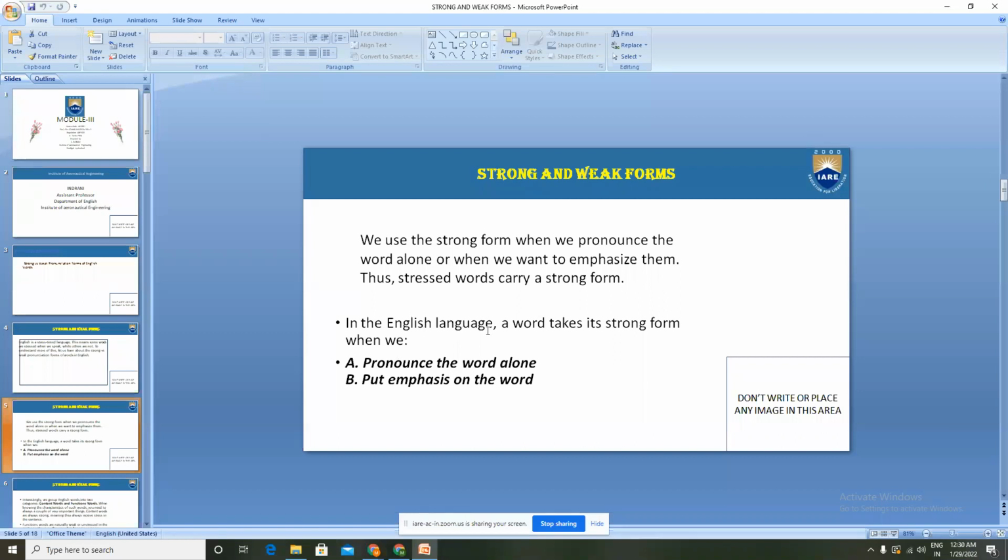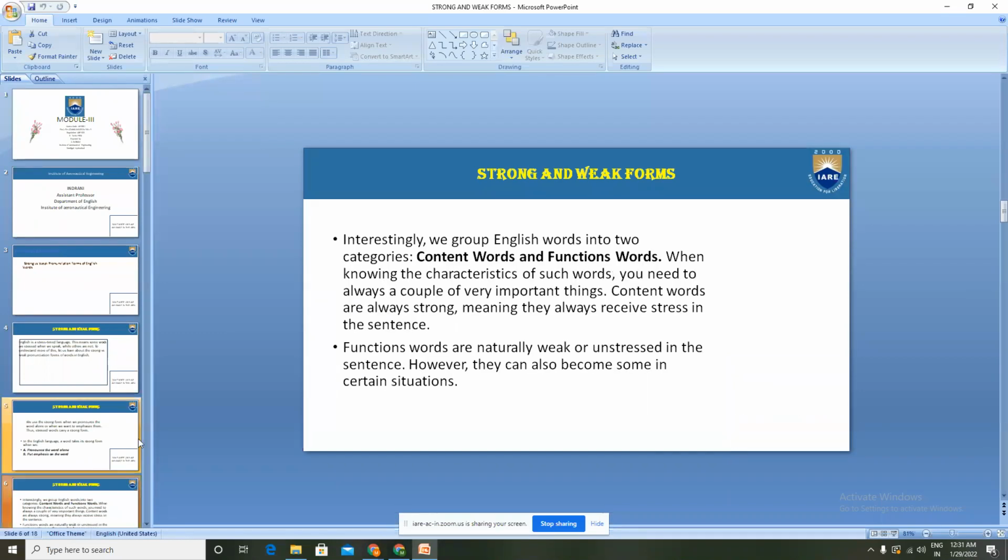So in the English language, a word takes its strong form when we pronounce the word alone, and we put emphasis on the word if it is alone. But some words we do not stress strongly.